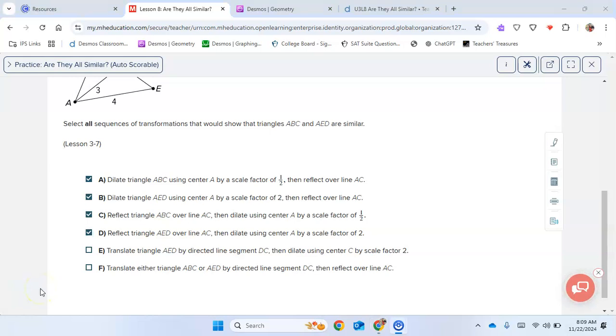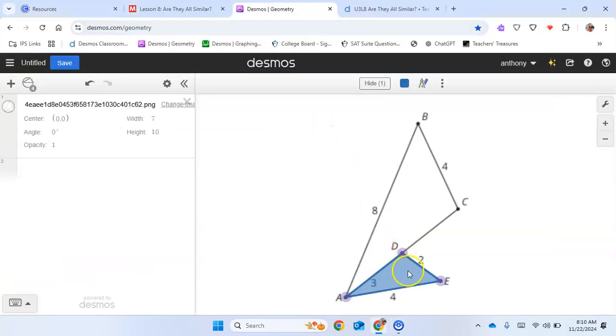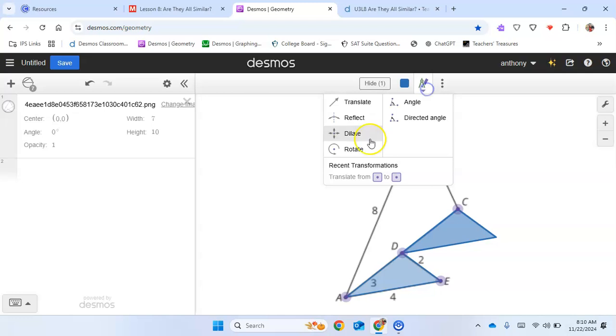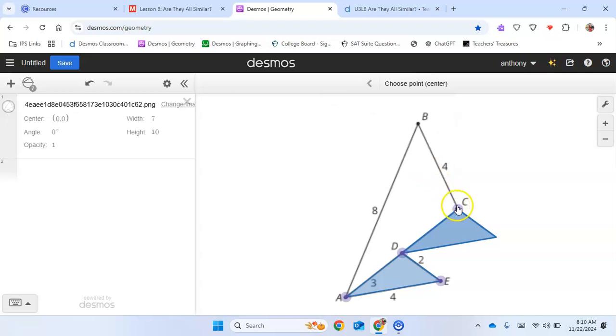Translate triangle AED by directed line segment DC, then dilate using center C by scale factor 2. So translate from D to C, and then dilate by 2.